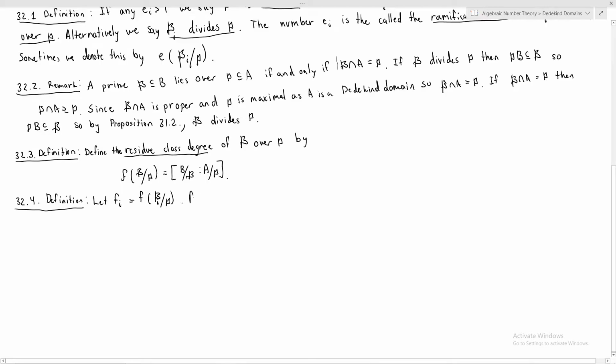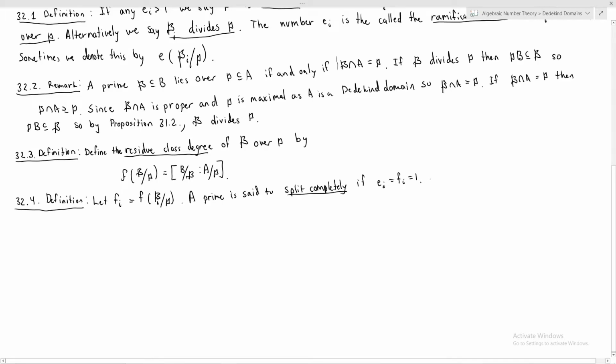And a prime is said to split completely if all the Ei's and the Fi's are equal to 1. Okay.